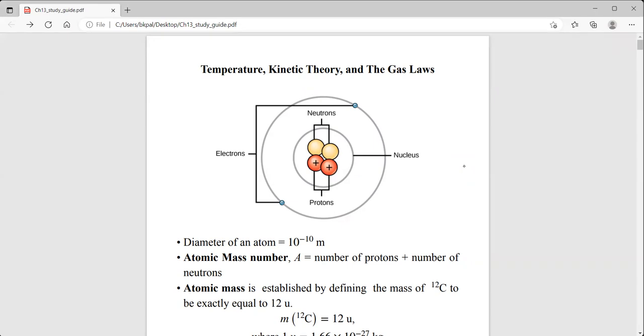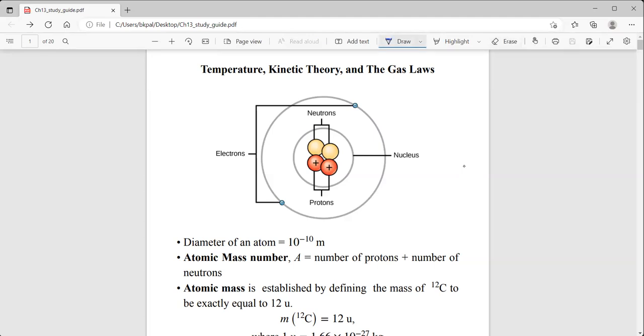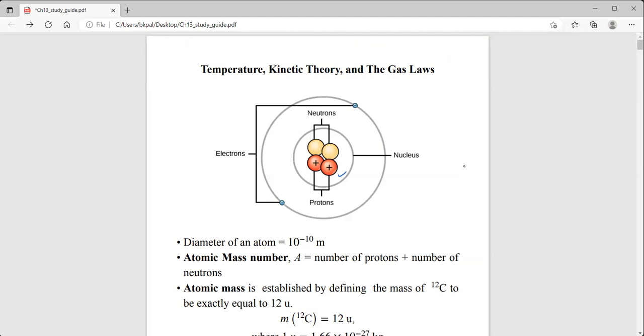Here I show a schematic diagram of an atom. The nucleus is basically the inner part of an atom. In the nucleus we have proton and neutron. Protons are positively charged and neutrons are neutral.